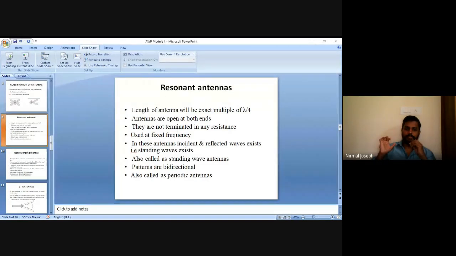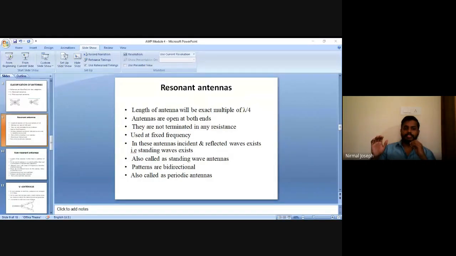So the wave will reflect and come back, and we can say that a standing wave is present inside the antenna. You might have studied standing waves in your EMT, in the transmission lines portion: how the standing wave occurs, voltage standing wave ratio, VSWR. That same idea applies here.